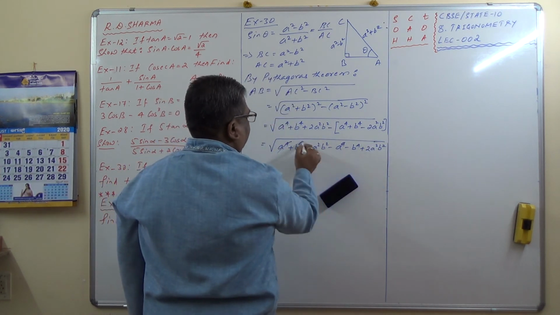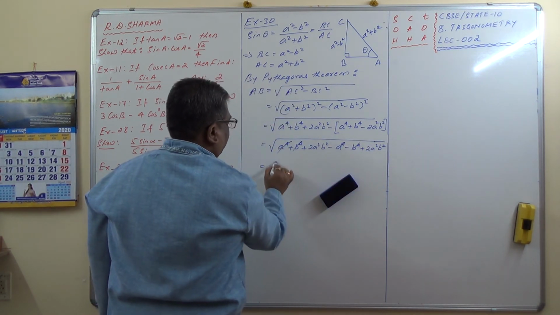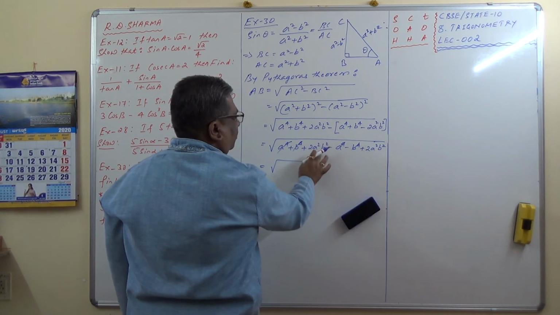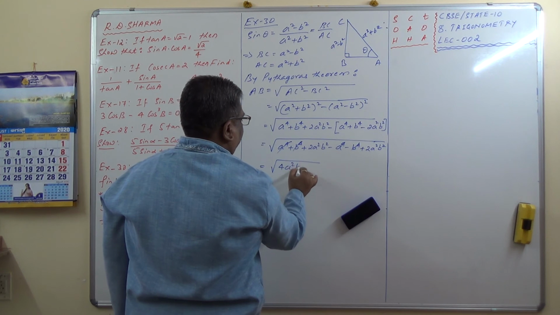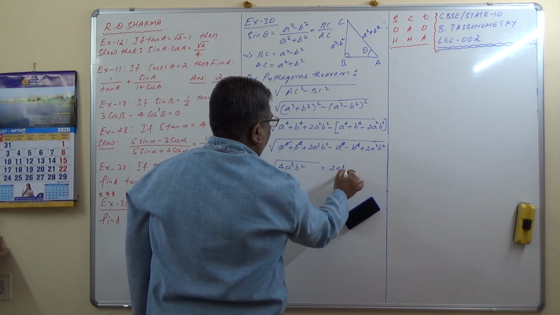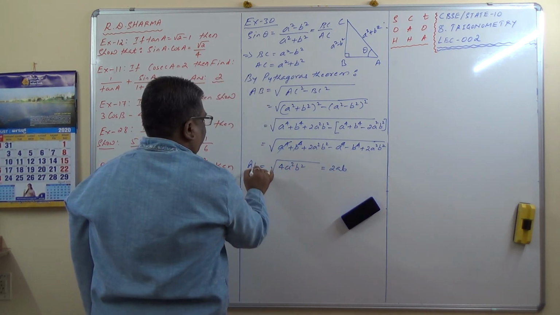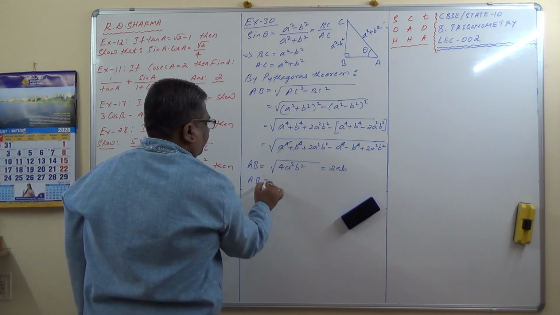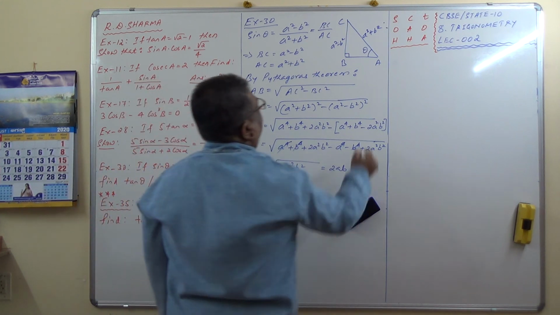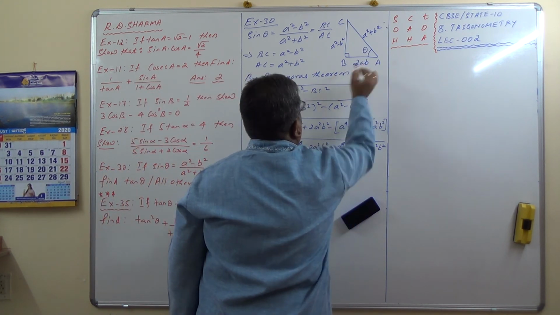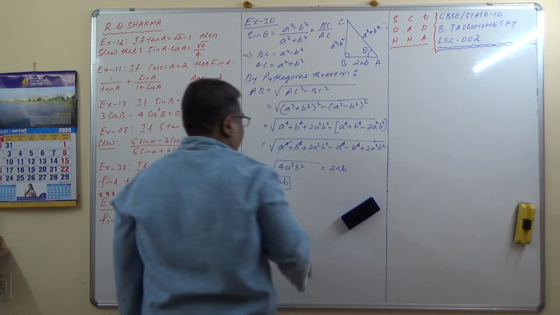This will cancel, under root of 4a square b square, which is 2ab. So AB equals 2ab. It is correct.